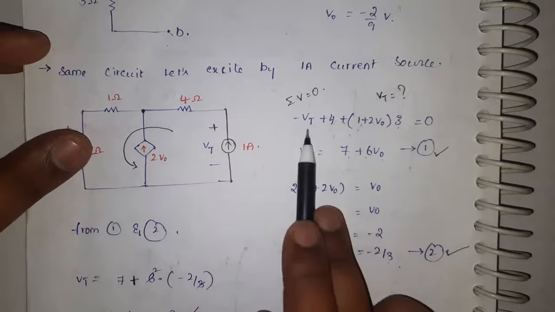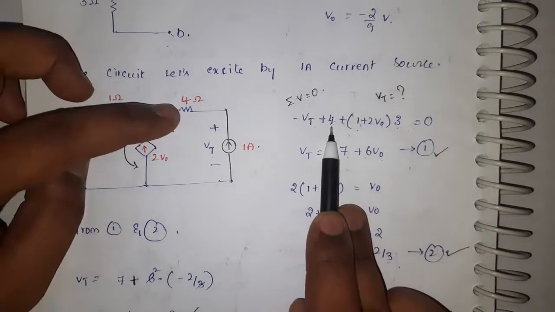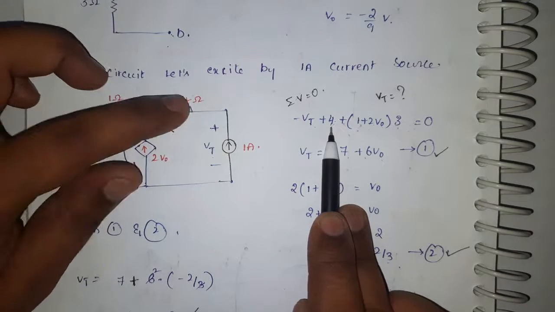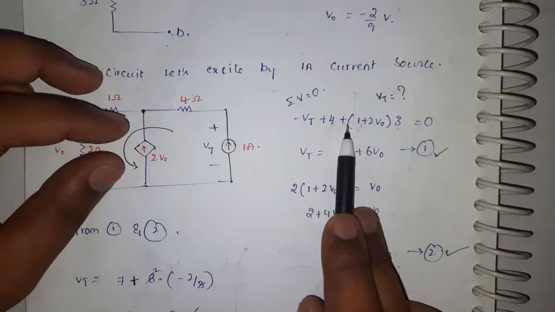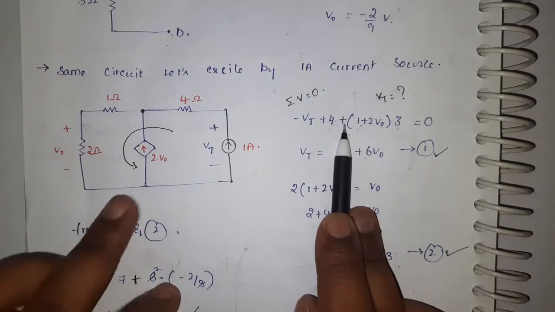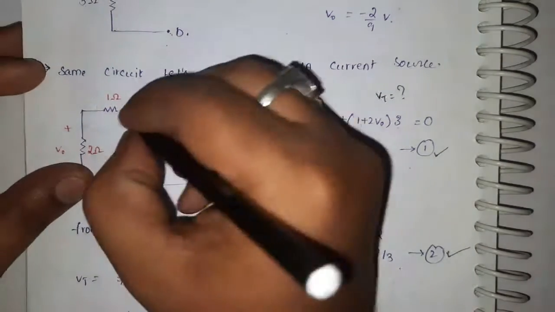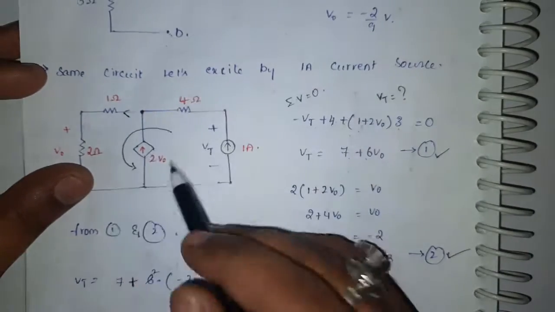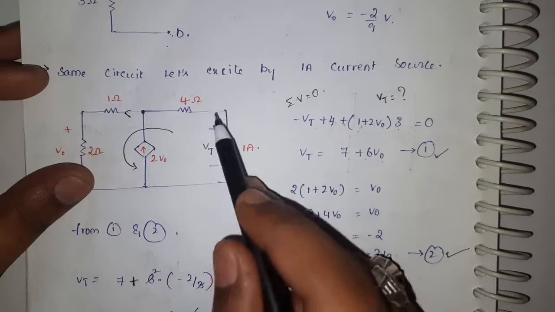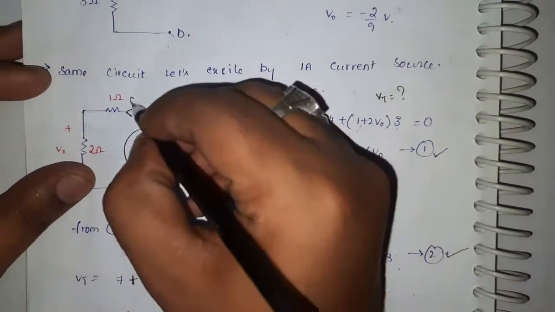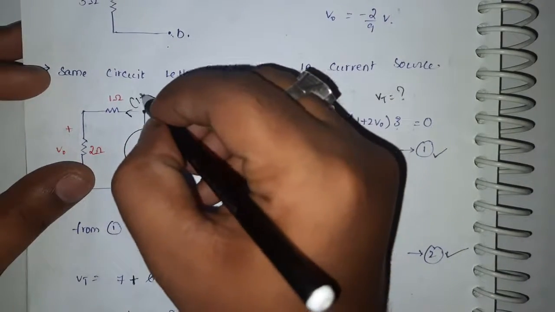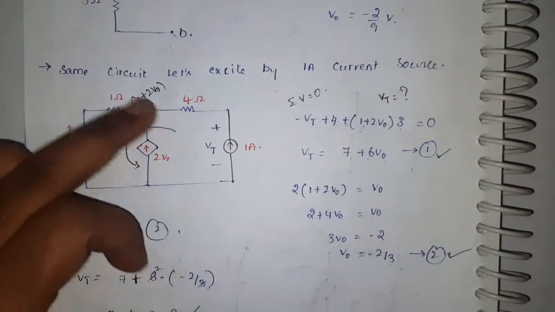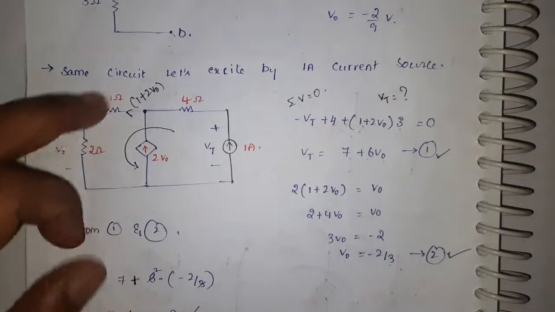Apply KVL in this loop in the anti-clockwise direction. Moving from here, minus Vt plus 4 into 1, since we have 1 ampere, 4 into 1 will be 4. What is the branch current here? 1 ampere from here, 2 V naught from here, and 1 ampere from here. The branch current will be 1 plus 2 V naught, into the sum of these two resistances.